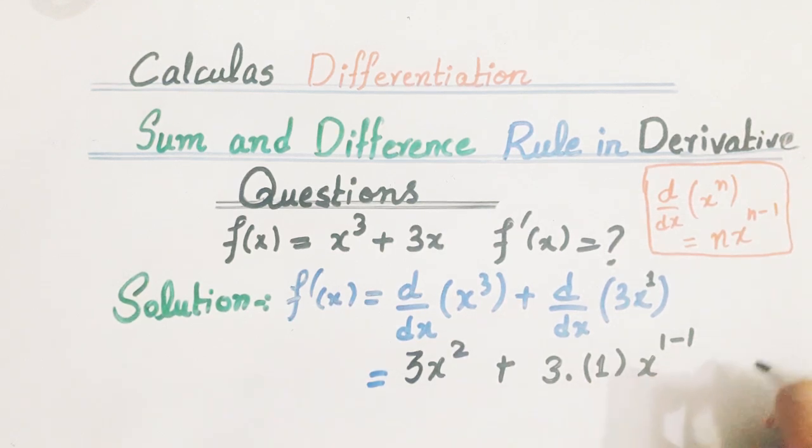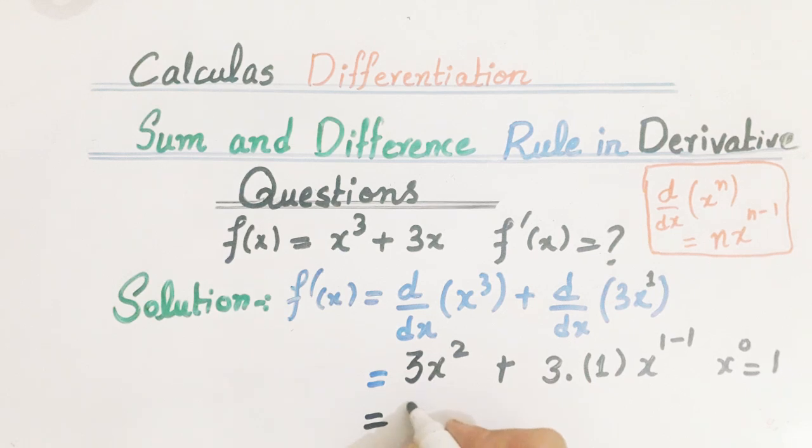So x power 0 will be equal to 1. So we will get 3x square plus 3. So this will be the answer. You can see how easily we have solved the sum question.